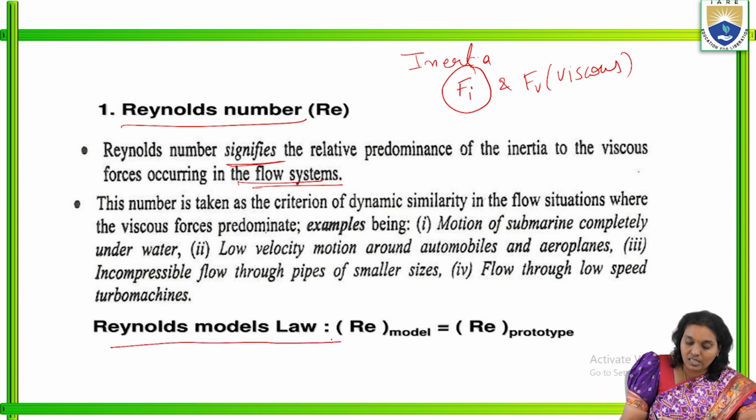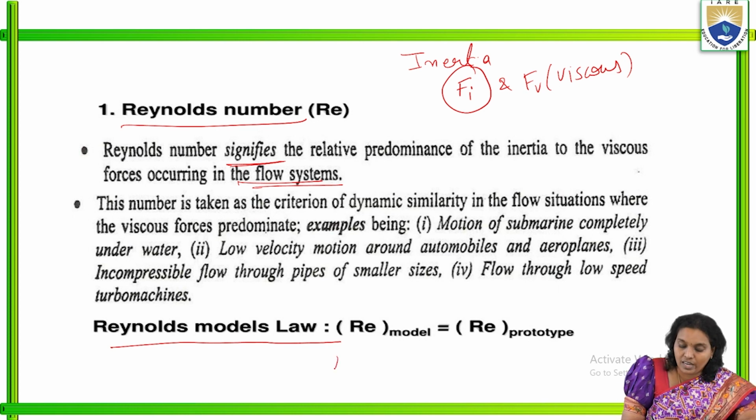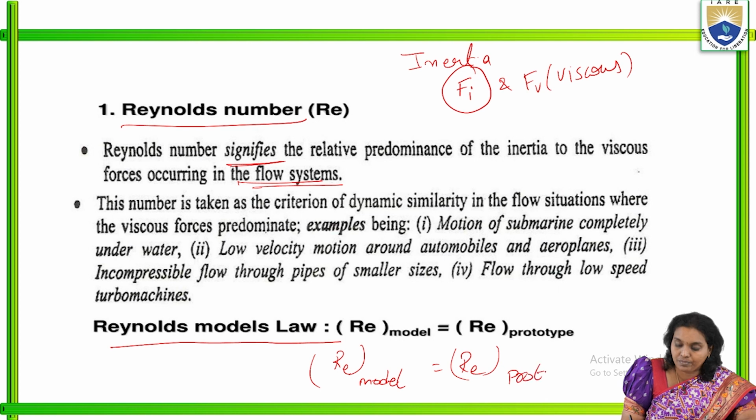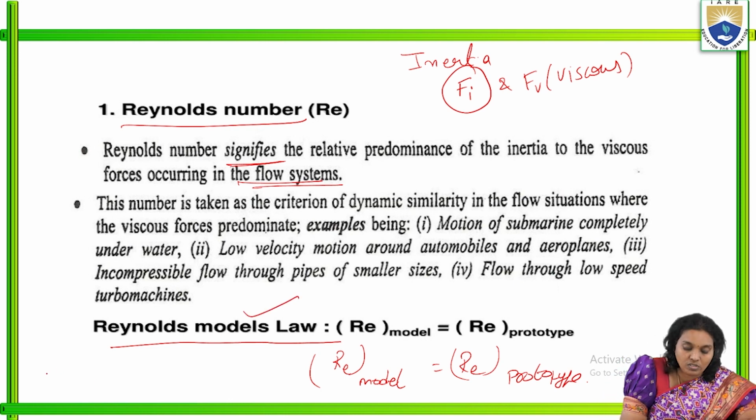Based on the Reynolds number, we understand the Reynolds model law. The Reynolds number of the model is equal to the Reynolds number of the prototype. Such a law is known as the Reynolds model law. In this, inertia force and viscous force play a vital role.